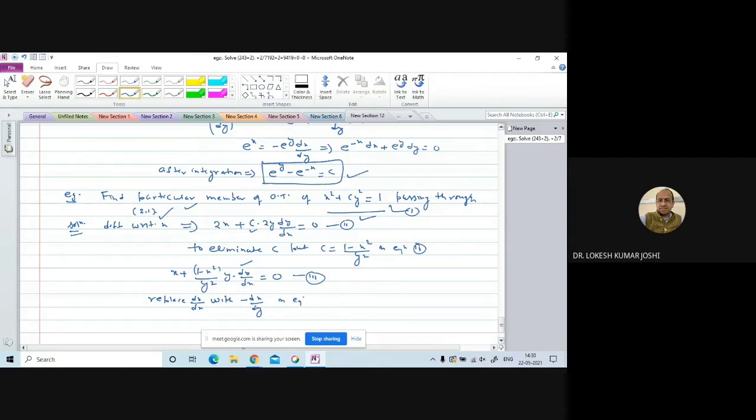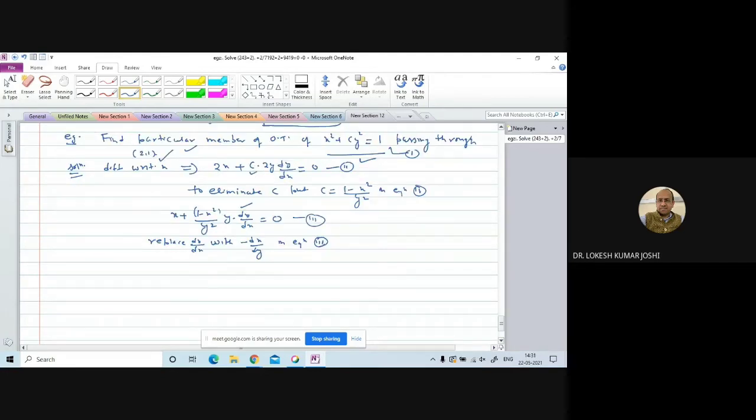In equation number 3, replace it. What will happen? If we replace it and simplify it, we get, after simplification, we can cancel out this y here: y dy equals (1 minus x square) upon x into dx.